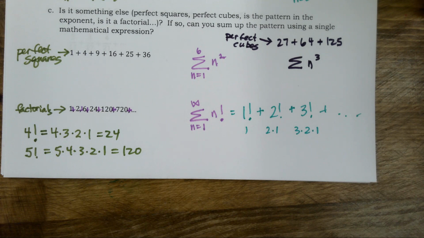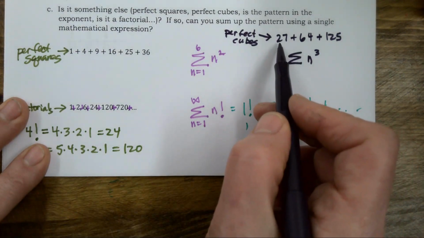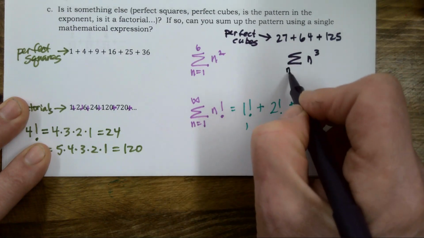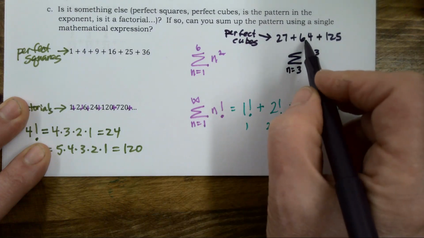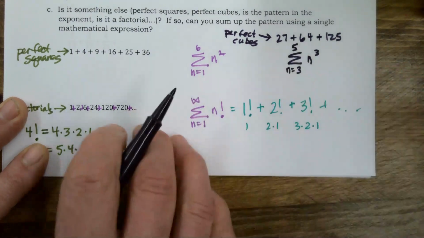But even though all of the other ones have started at 1, I don't want this one to start at 1, because cubing 1 isn't going to get me 27. I need to make sure that the first number I plug in generates 27. So that makes me start at 3. And then 4 cubed is 64. 5 cubed is 125.